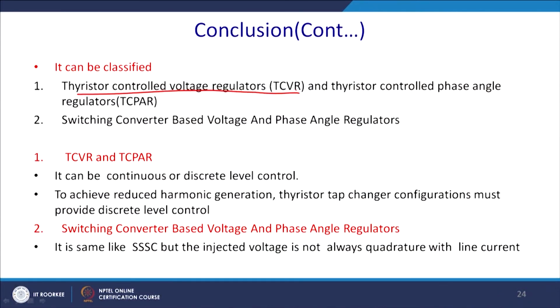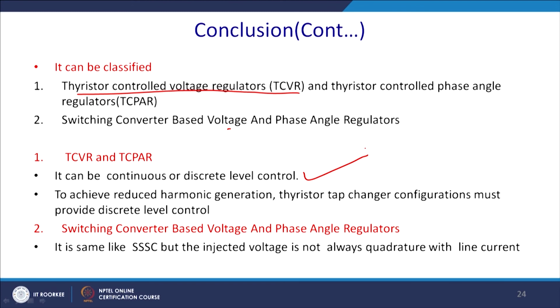It can be classified as thyristor controlled voltage and phase angle regulator, and switching converter based voltage and phase angle regulator, that is TCVAR and TCPAR. It can be continuous or provide discrete levels of control in steps.